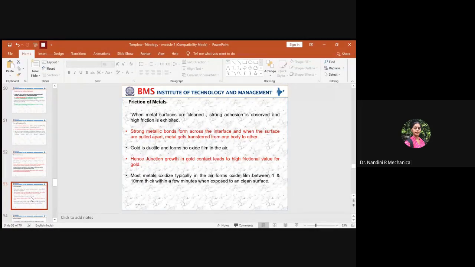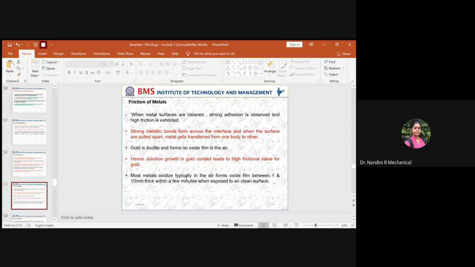In non-metals, you study ceramics and polymers, and how the friction parameters keep changing with respect to them. Before going to that, you should study something related to friction of metals. You know the bifurcation between metals and non-metals, so there is no need for me to explain it again. We are directly going to the concept of friction related to metals.